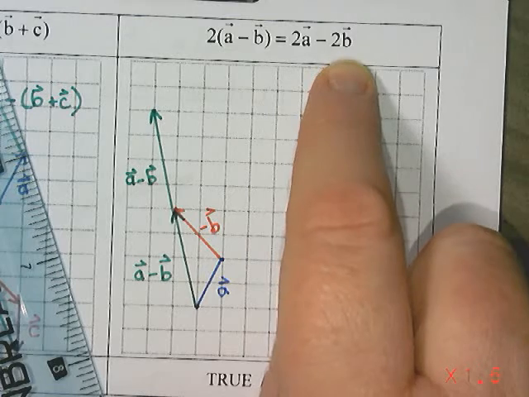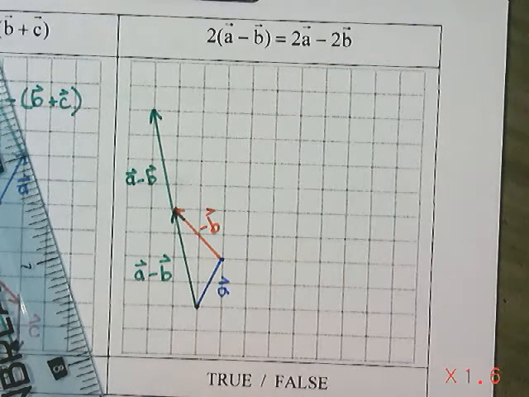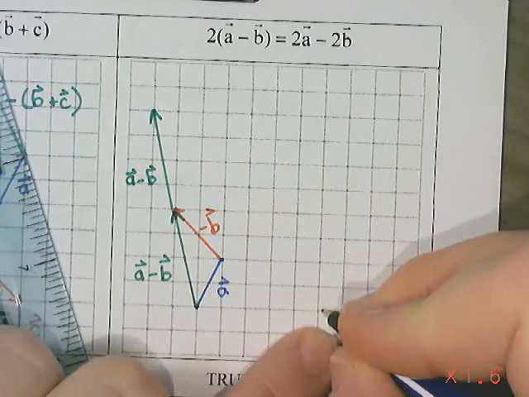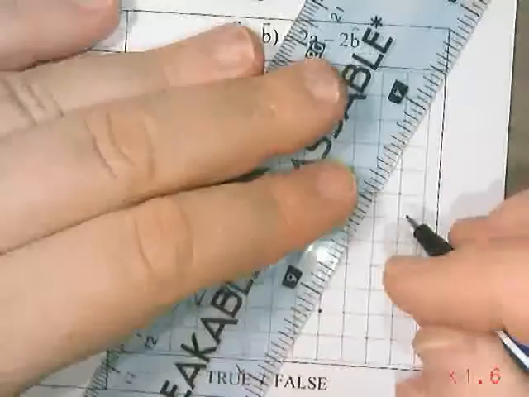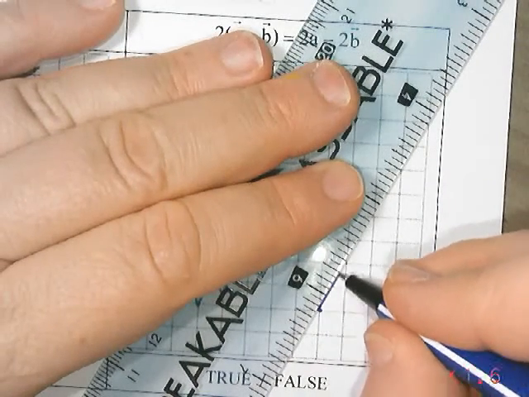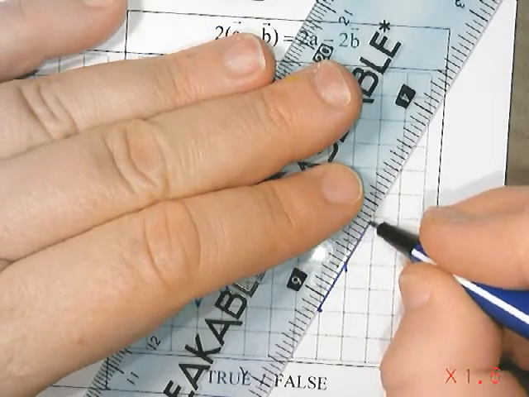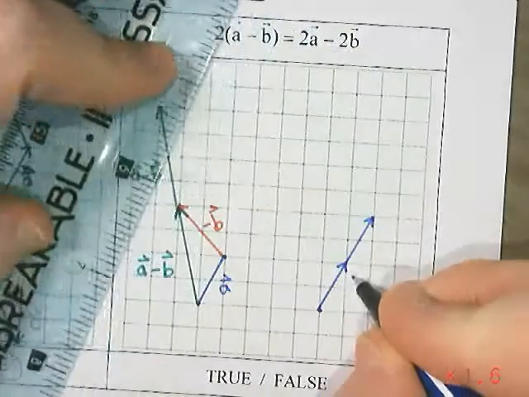All right, 2A minus 2B means I'm going to do 2 A's. So I'm going to maybe start here and I'm going to draw vector A and then I'm going to draw a second vector A, so that I have 2 vector A's.